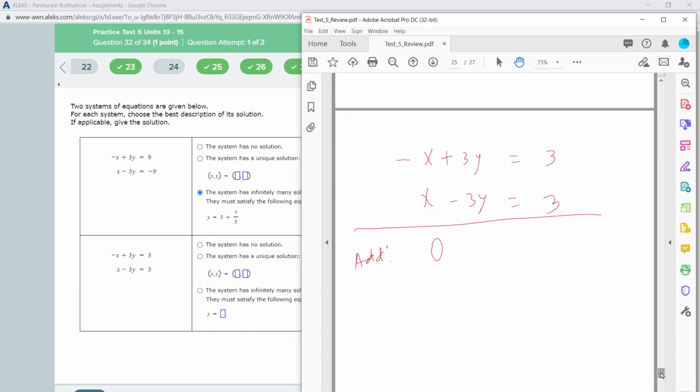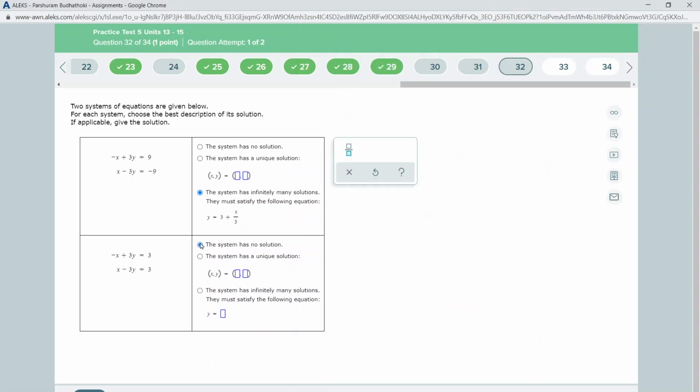This gives you 0 because negative x and positive x are gone, and positive 3y and negative 3y are gone. But on the right side, you will get 6. If you add, it's giving you a wrong statement, 0 equals 6, which is not possible. That means we cannot find a solution of this system. So the system has no solution.